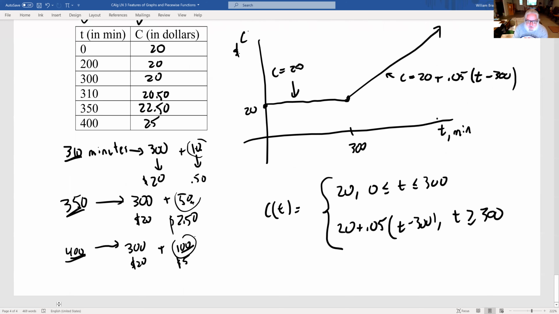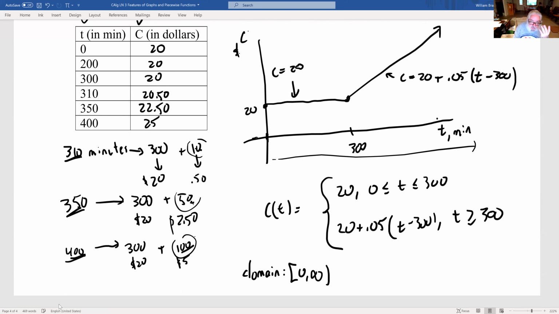Well, like a lot of these functions in word problems, the domain is a little undefined. You can't have negative minutes, so the domain starts at 0. And technically, you can't go past however many minutes there are in a month. But since that's unspecified, we'll just take it to be infinity because we're not going to worry about it too much.